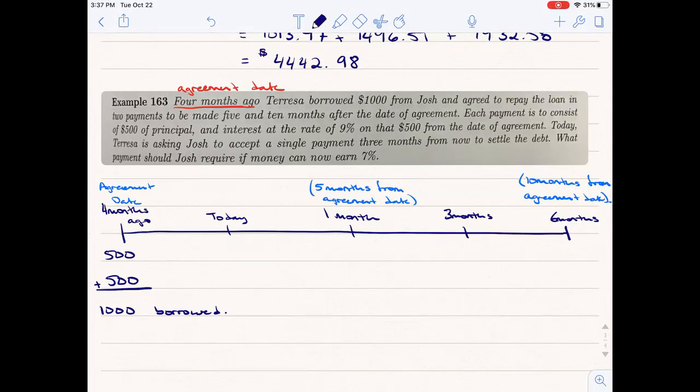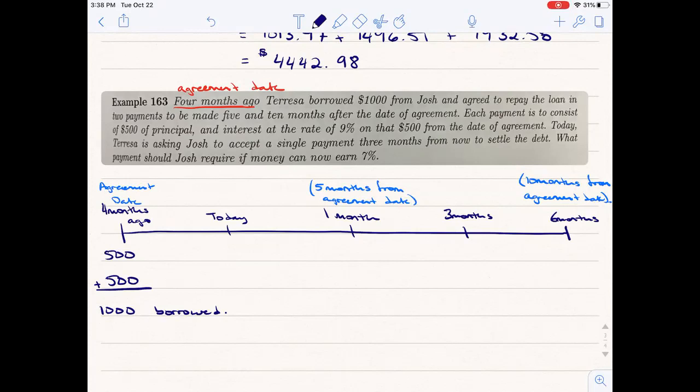But because today they made a new agreement, and said, what I'm going to do is from today, I want to pay it all back 3 months from today. So we've got the original payment plan, which says I'm going to pay back here and here, with interest, respectively.